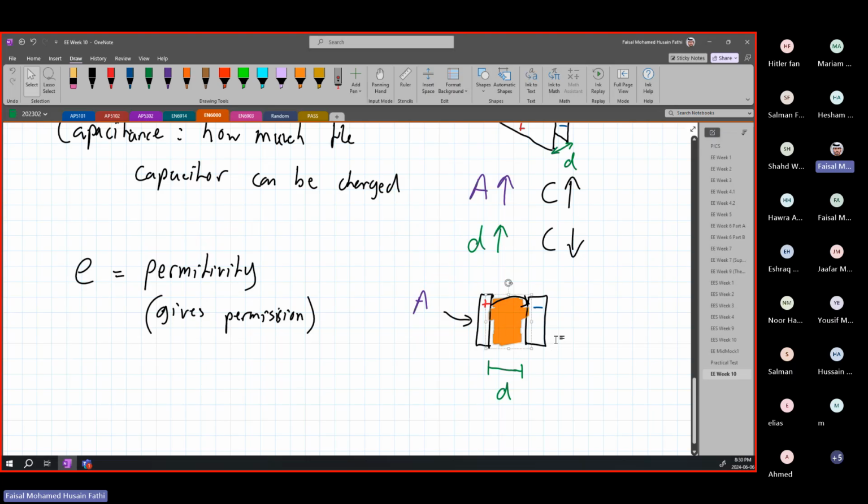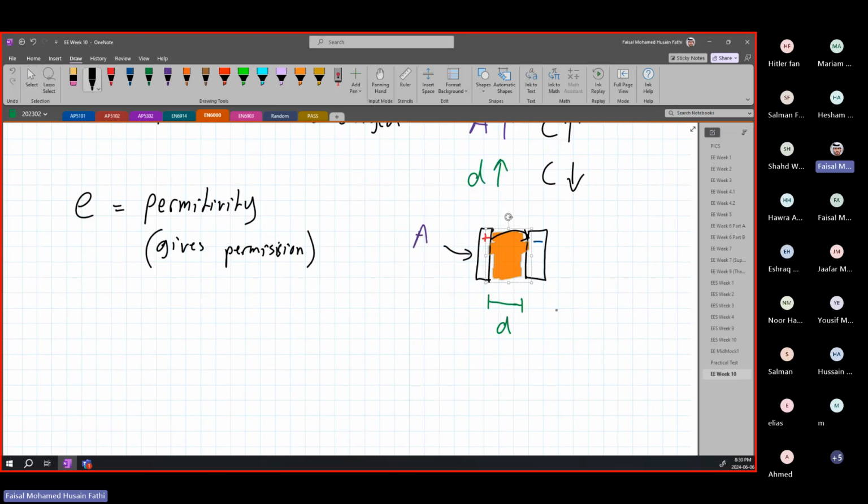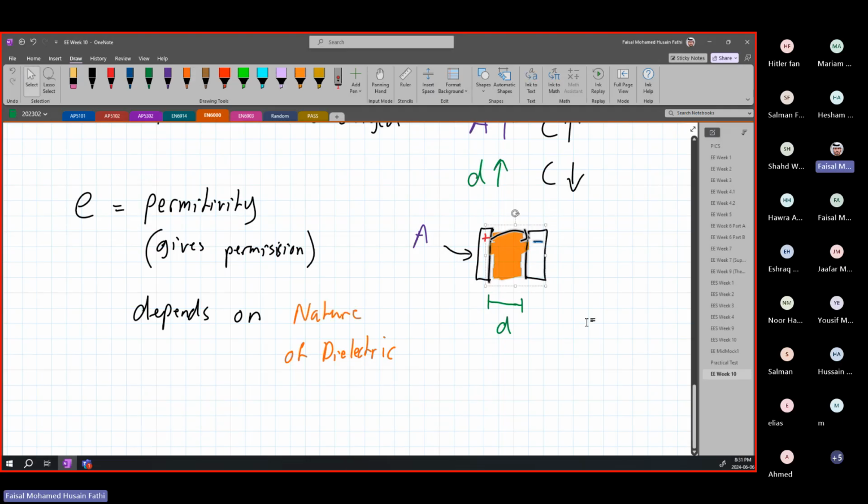But the E depends on the material of the dielectric, or better yet, not the material but the nature of your dielectric, whether it is air, Teflon, wax, paper, a ruby, a diamond, whatever it is.